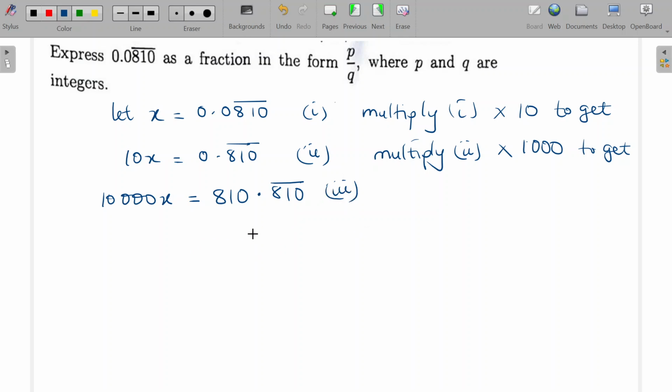Now that we have equation 3, we subtract equation 2 from equation 3.